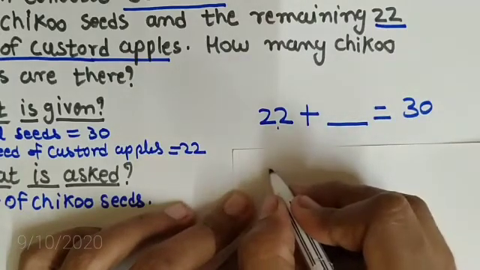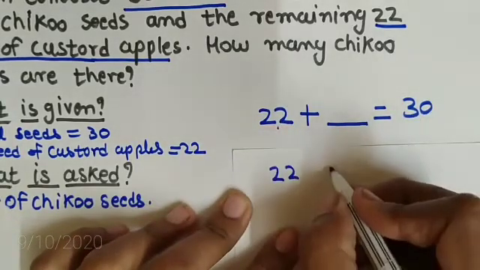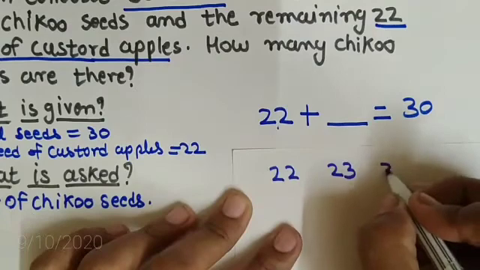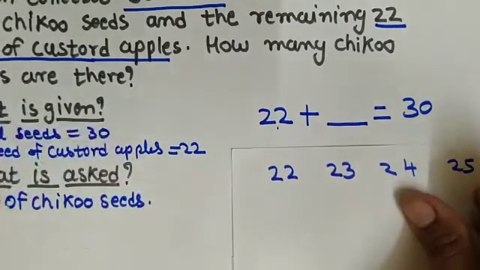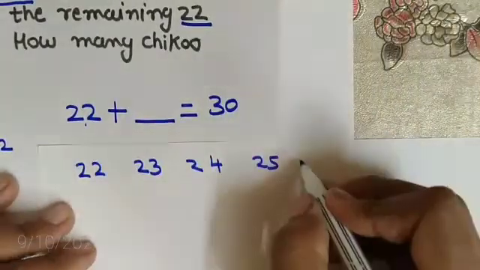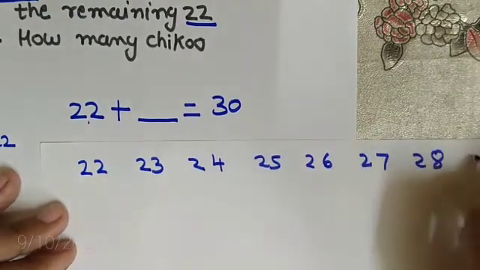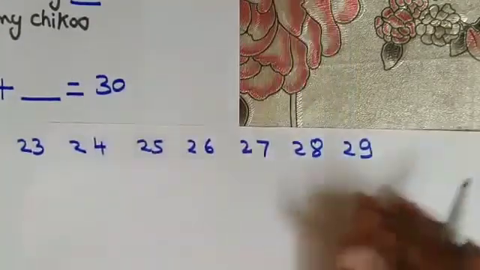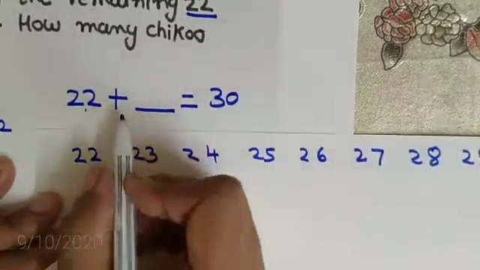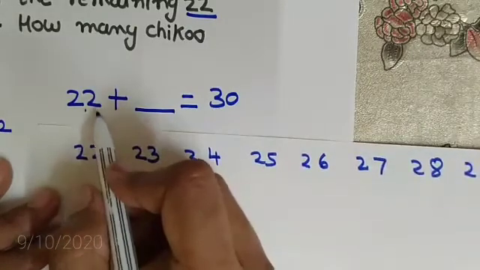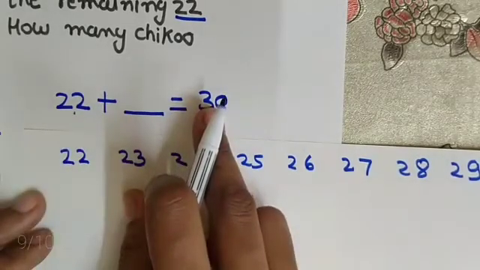First, for that we have to write the numbers from 22 till 30. 25, 26, 27, 28, 29, 30. So children, here how many jumps or how many steps we have to take to reach the number 30?